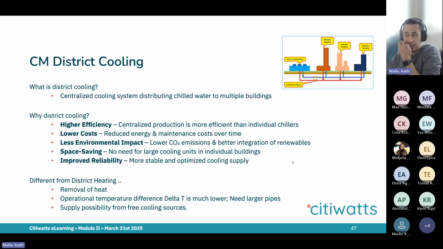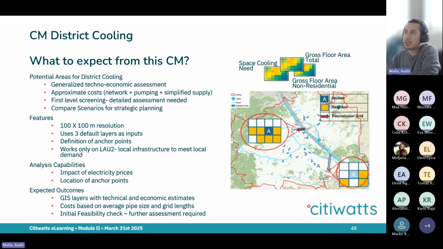So to model all of these aspects and to see how feasible district cooling could look in different regions, we developed this calculation module called the district cooling calculation module. What you can expect from the CM, firstly, the main approach here is a techno-economic assessment of potential locations within a city that show feasibility for district cooling.